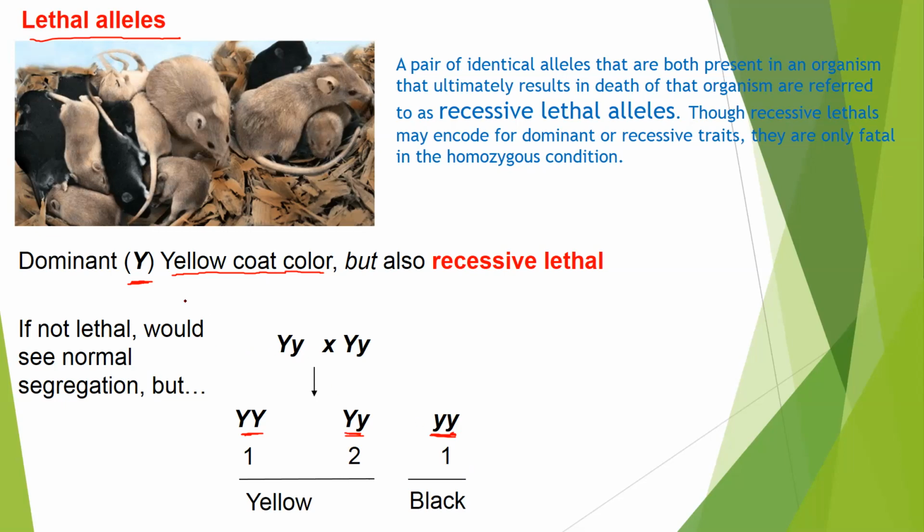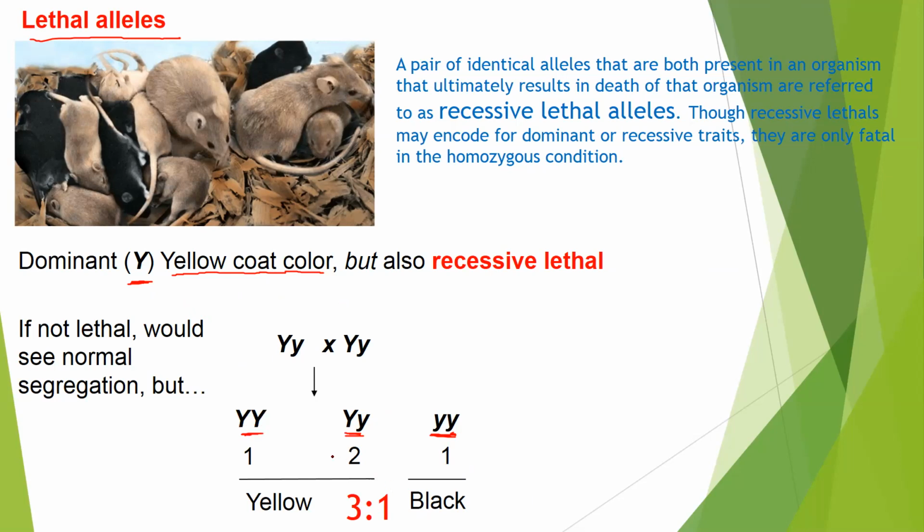However, the same gene can lead to another phenotype, which is being alive or not. As you can see here, if we just look at the first phenotype, the color of the coat, this will give us a 3:1 ratio, right? The classical Mendelian ratio.